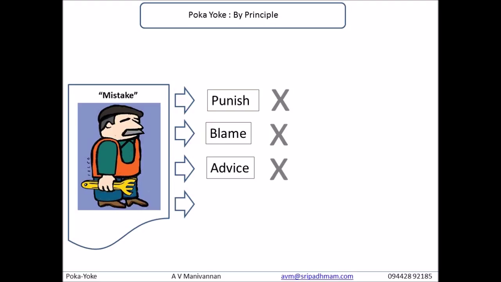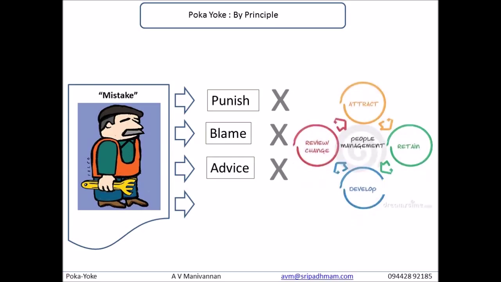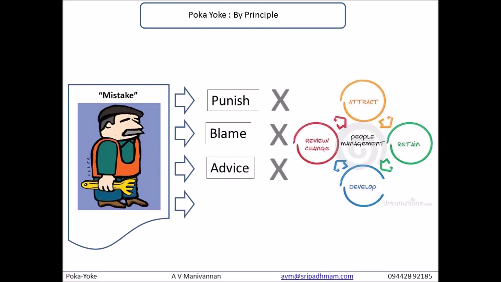No. What is supposed to be done? It is on people management. Yes, we have to facilitate him. We have to facilitate that particular operator to avoid such mistakes in future, which is the basic principle and approach of Poka Yoke.